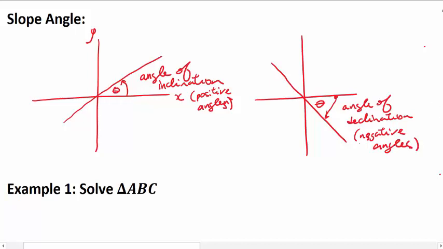It has a negative slope, so it's going to have a negative angle here. This is a positive slope here, so it's going to have a positive angle.